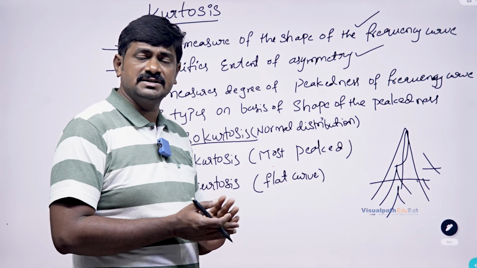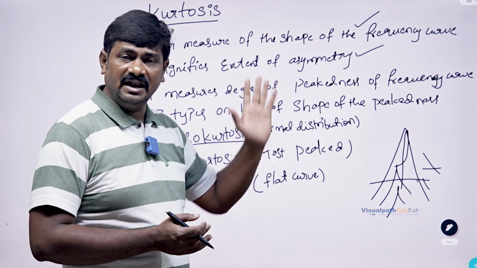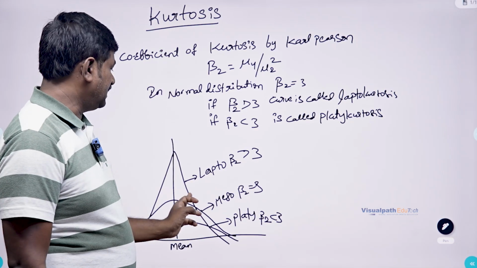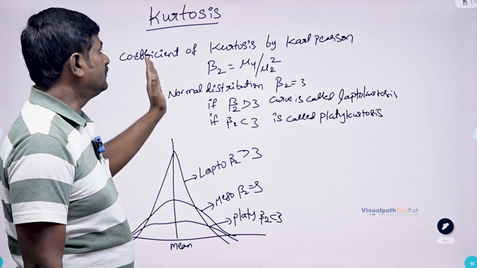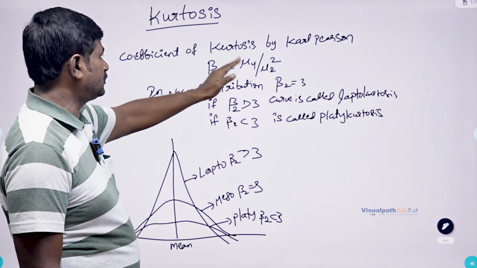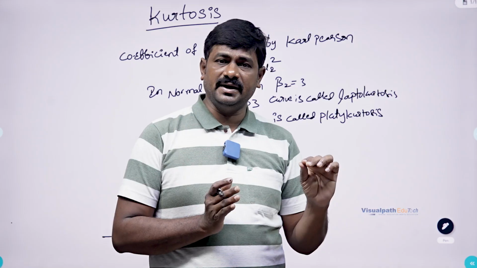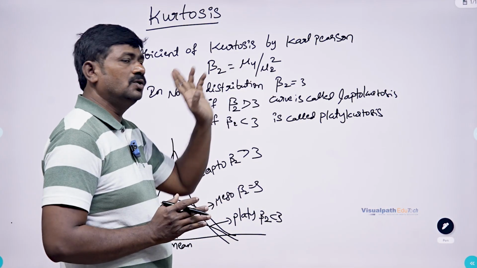So now we are going to discuss this kurtosis in a graphical model, with the help of a graph. Now we can see a graphical representation of this kurtosis concept. First of all, what is the coefficient of kurtosis? The coefficient of kurtosis is given by Karl Pearson, that is beta 2 equals mu 4 by mu 2 whole square.